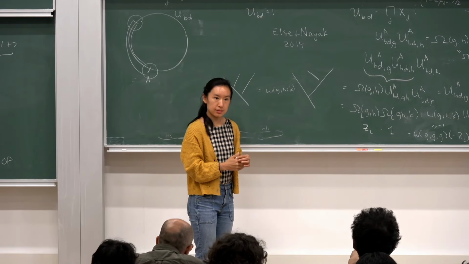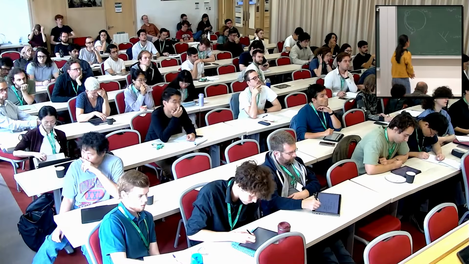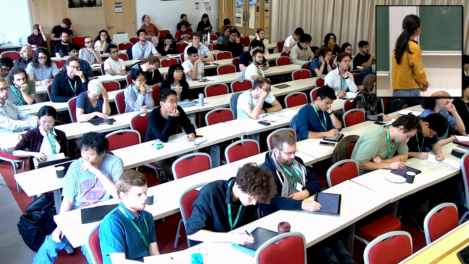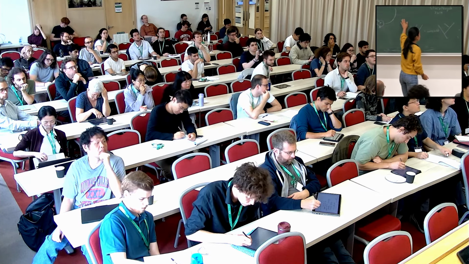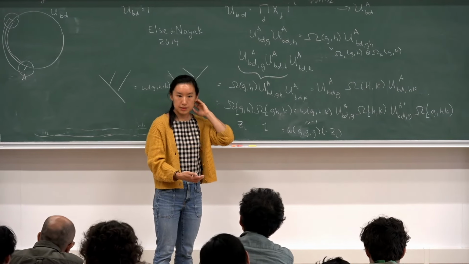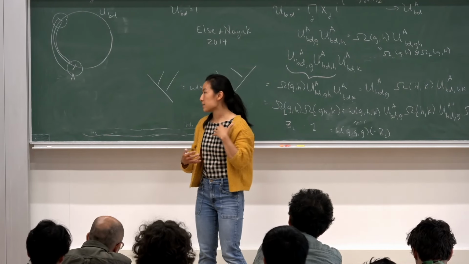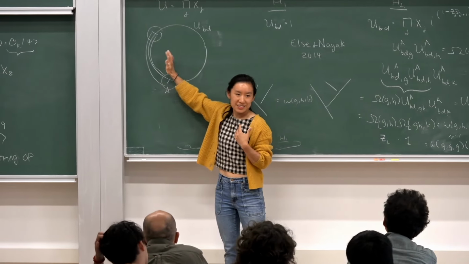I'm sorry, I got a bit lost. In the definition of U boundary, this is a product over x_j, where j runs over what? Yeah, the U boundary you get in a similar way to what we did in 1 plus 1D, where we got an effective action in 0D by insisting that our bulk is in the SPT ground state.